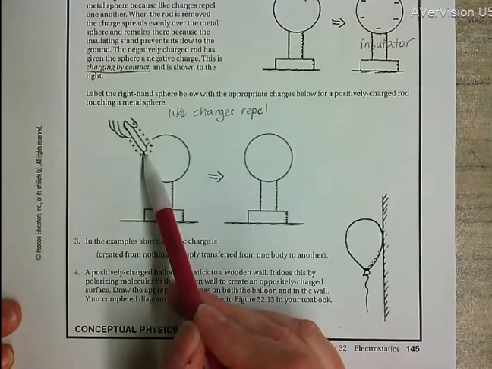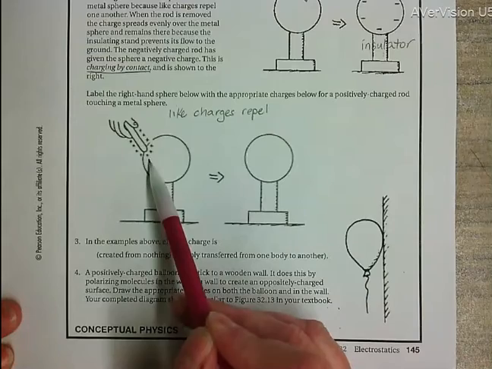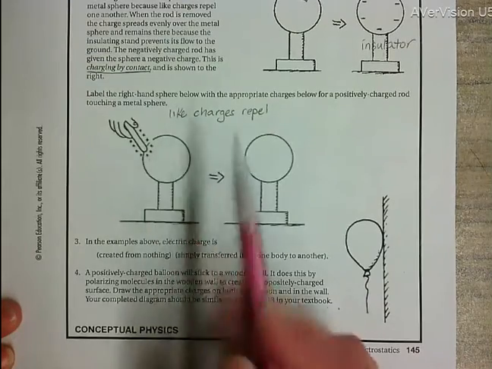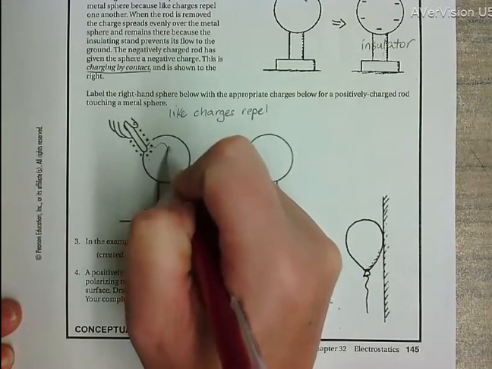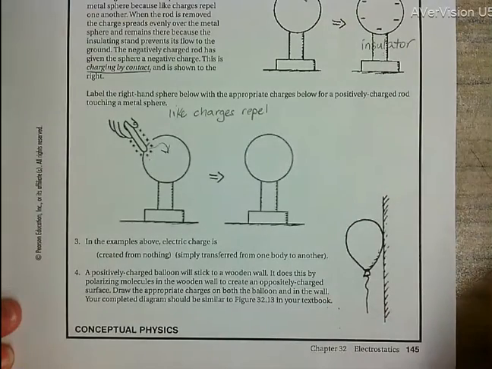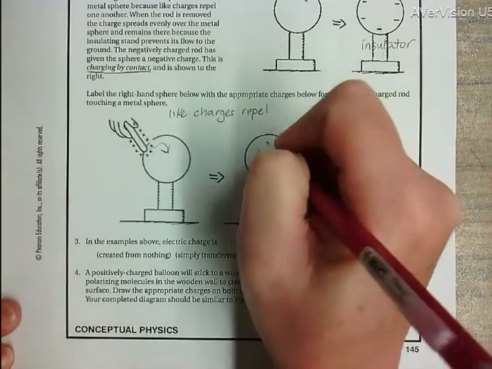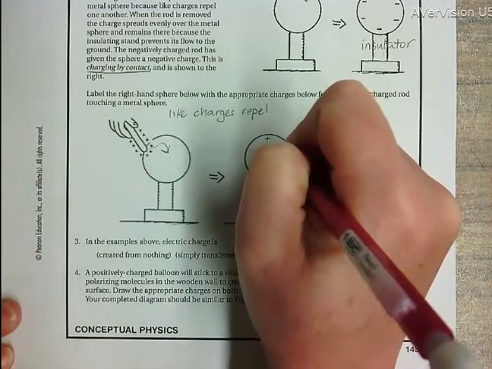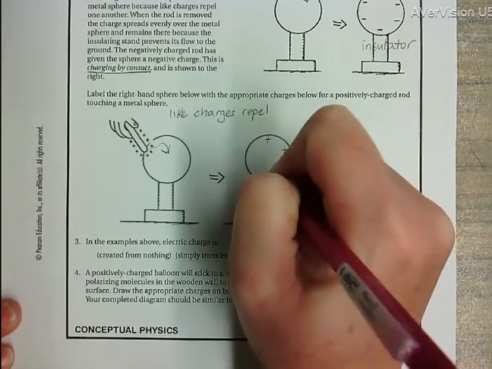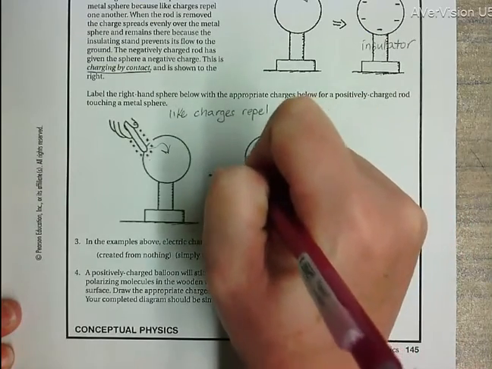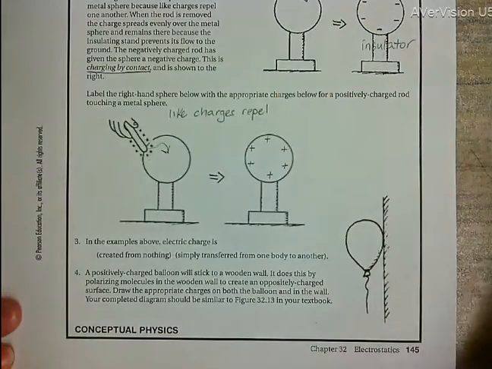So as soon as this positively charged rod touches this metal sphere, these positive charges are going to move onto that sphere. And again, because positive charges don't like to be near each other, they're going to spread themselves out all over that sphere.